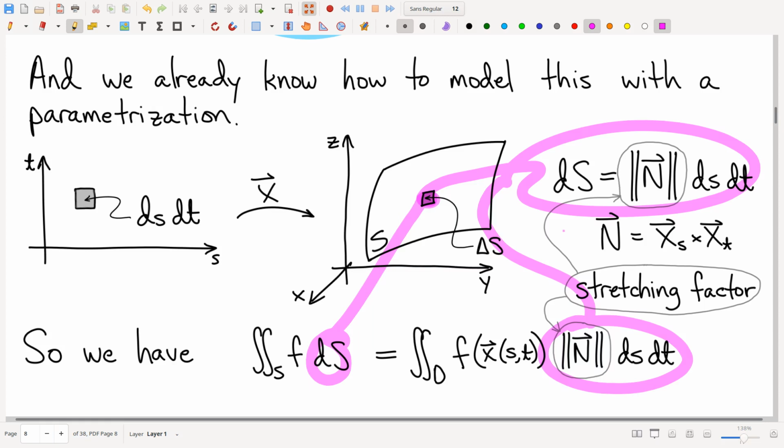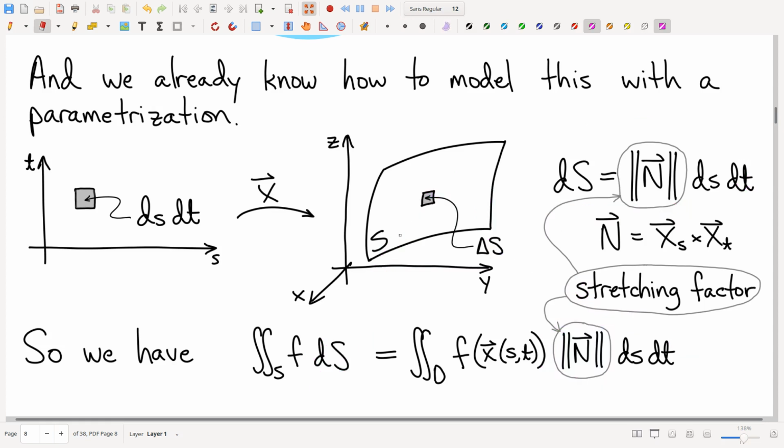Whatever function it was that you were multiplying by area, for whatever reason, maybe this is mass per unit area because in total you're computing mass, or maybe this is ants per unit area because you're computing the total number of ants crawling around on your surface. Whatever. That function just comes along for the ride. Of course, you're going to plug in for x, y, and z because you want to rewrite everything in terms of S and T.